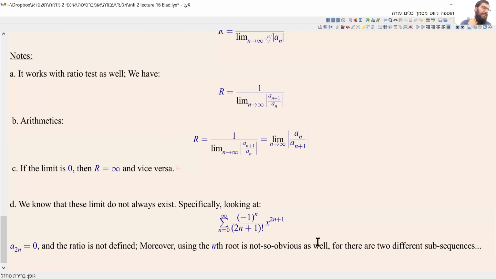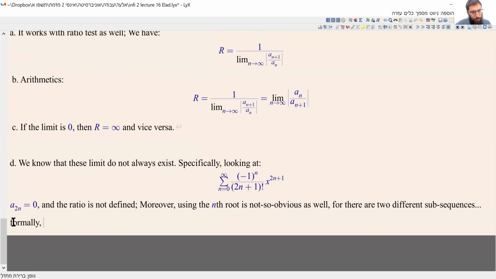So, what can we do? Formally speaking, and probably as it was studied in Infi 1, the actual ratio and nth root tests talk about the upper limit of the ratio or the nth root, and not just the limit itself.